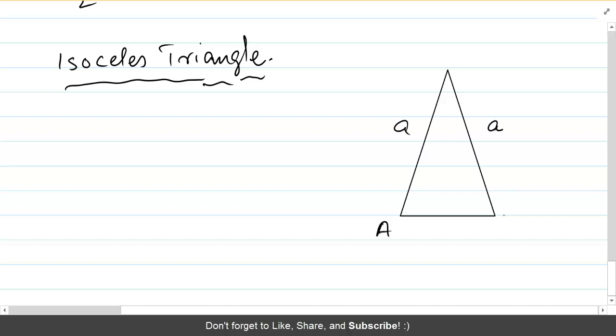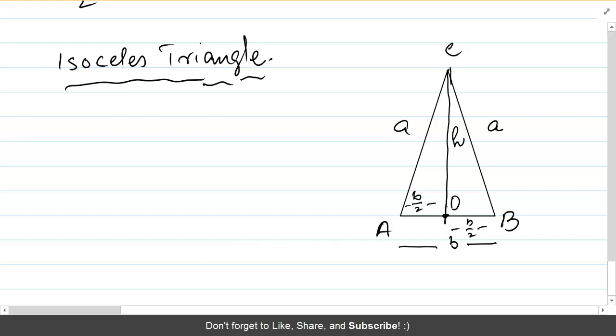Let's name the vertices as A, B, C, just like before, and name this side as small b. And here, if we now draw a perpendicular from here to find the height, then obviously AB is divided in half by this point D, and b by 2 is on this side, and b by 2, half of b, is on the other side.